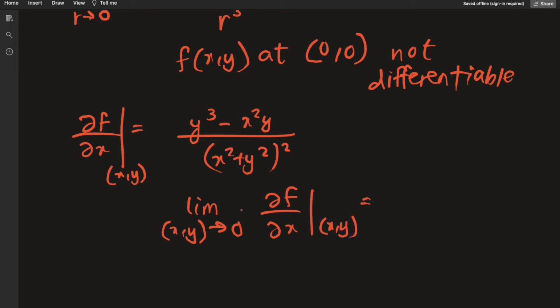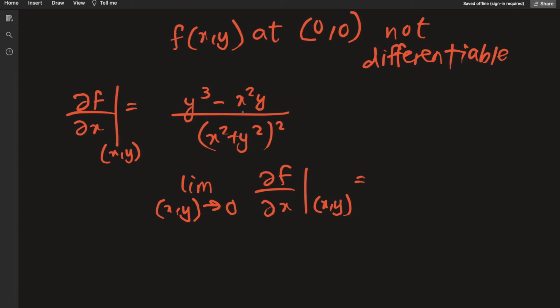If we try to do that, you can try it if you want. Again, use polar coordinates. You have an r cubed factor and an r to the fourth factor. So in the limit that r goes to 0, the r to the fourth factor will dominate the r cubed factor, and it will again diverge to infinity.